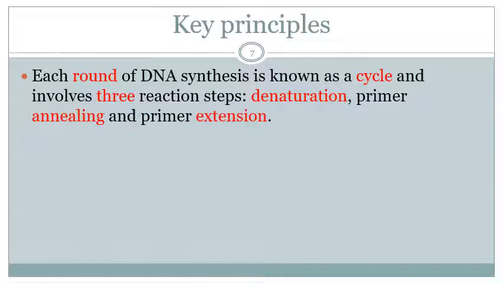Each round of DNA synthesis is called a cycle. A cycle means the process where it starts and after some time reaches an end point. That is called the cycle. And there are three reaction steps: one is called denaturation, second is called annealing, and third is called extension.